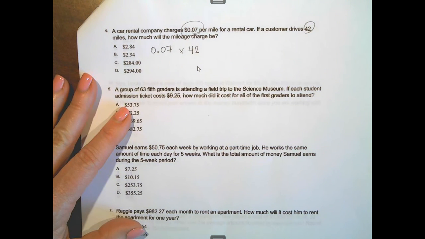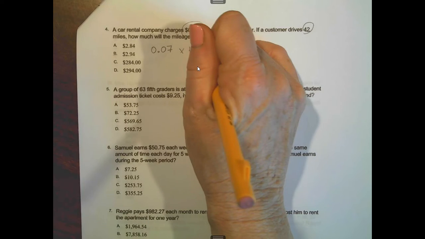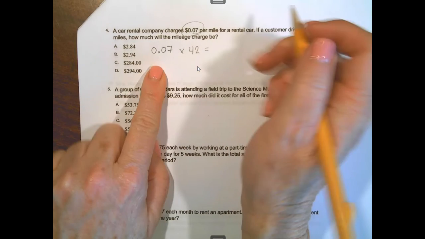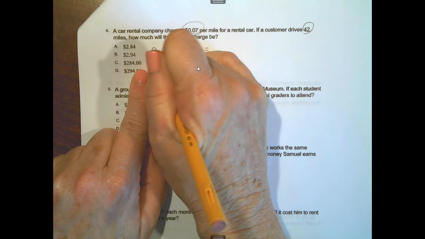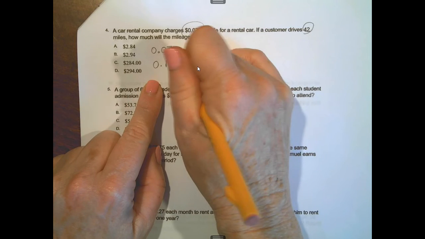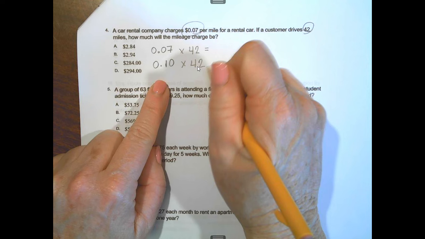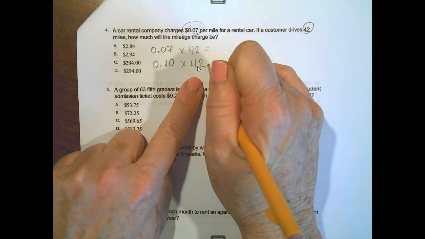Okay. Now, when I look at this, I want to think about a quick way that I could get an estimate. You know what? 7/100 is close to 10/100 or 1/10. If I multiply that times 42, I'm looking for a smaller part of 42.